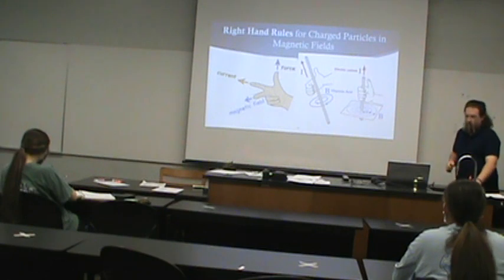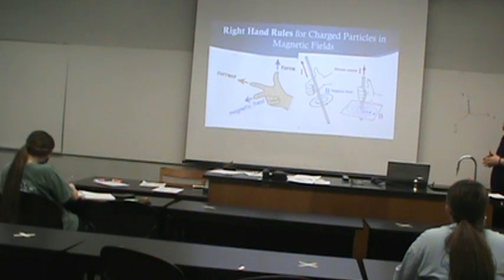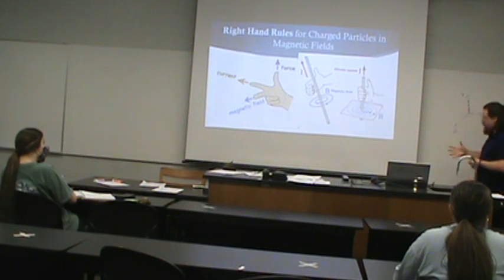And every wire with current running through it just creates this very small magnetic field about itself. And you can use right-hand rules to help predict this somewhat.